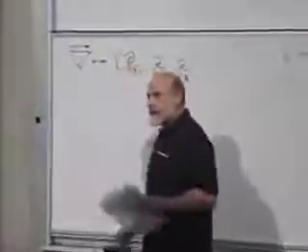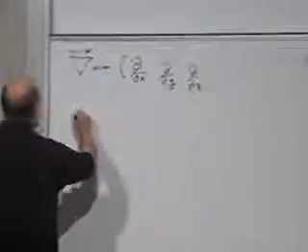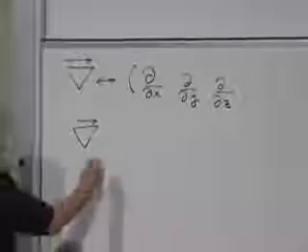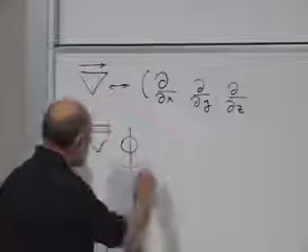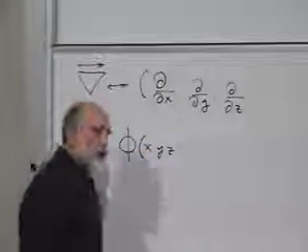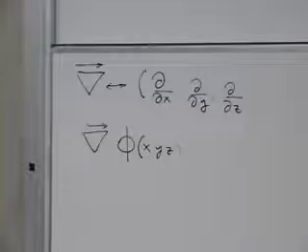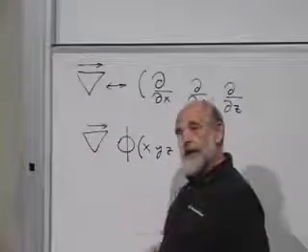So let's say, the first example. The operation del, if it acts on a scalar. Now, a scalar just means a function of position, function of x, y, and z. I'll stop writing x, y, and z soon enough and just call it x. But take a function of x, y, and z and apply to it the operation del. What does it make?